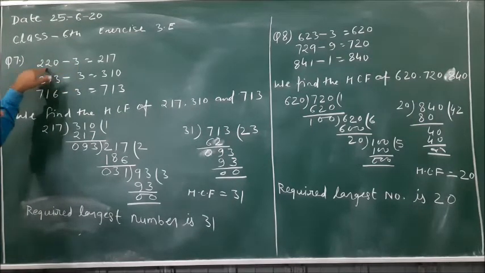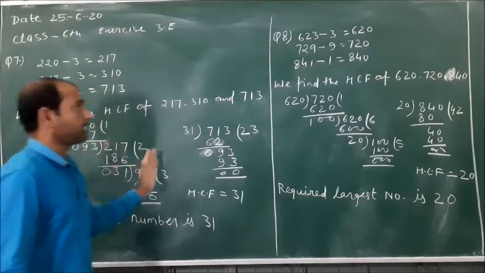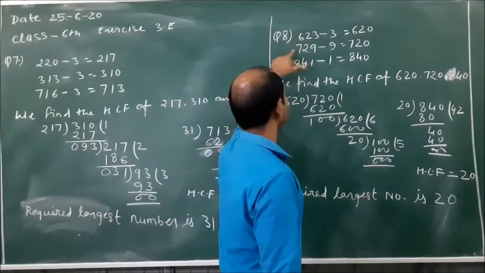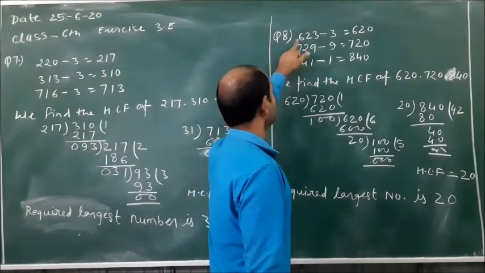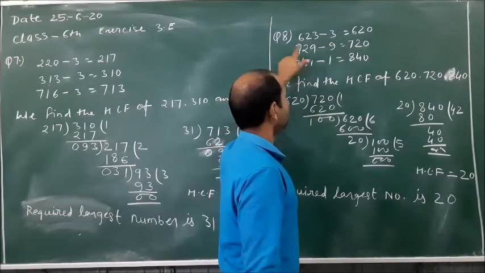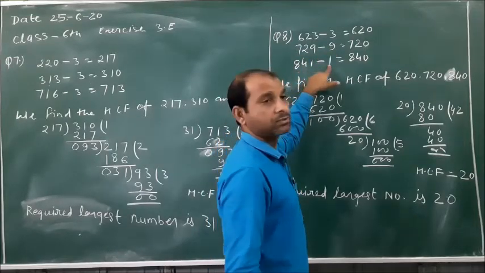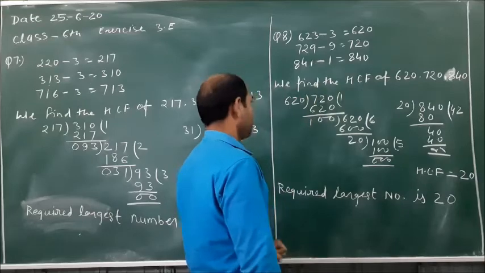But in question 8, in the first number the remainder should be 3, in the second number the remainder should be 9, and in the third number the remainder should be 1.